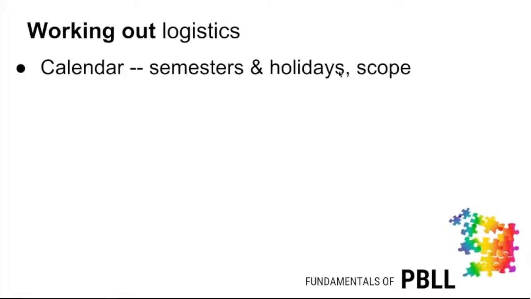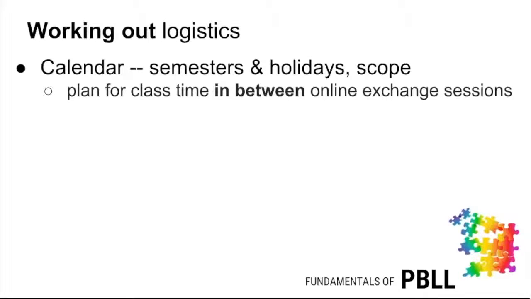So all in all, we need to define the scope of the exchange, within a certain date boundary, and decide, okay, how many exchange forums can we conduct within that time? Not only that, but we need to give time between each exchange session to go back to class and process that stuff that came up during the exchange session.